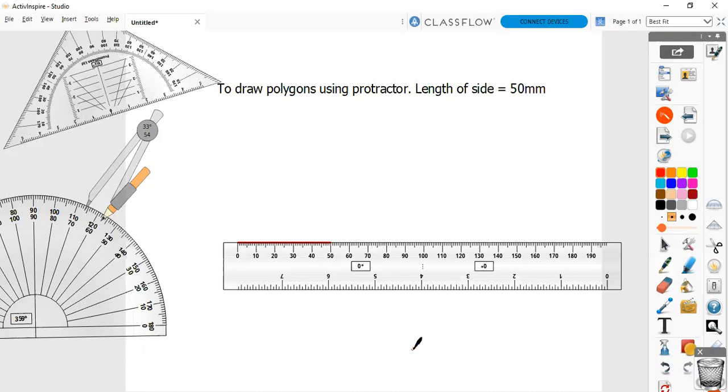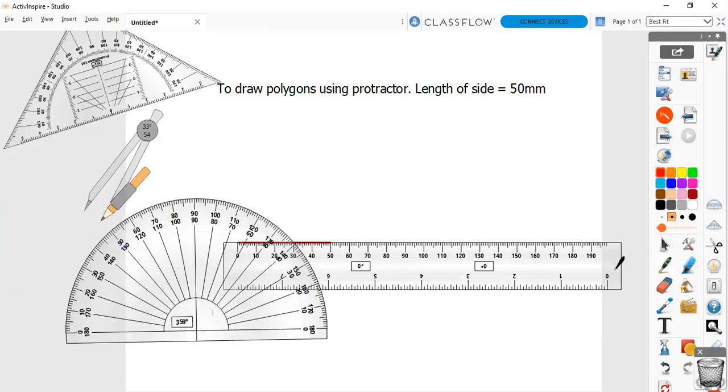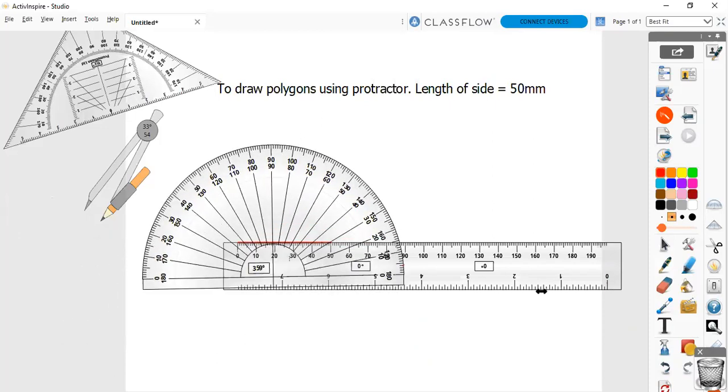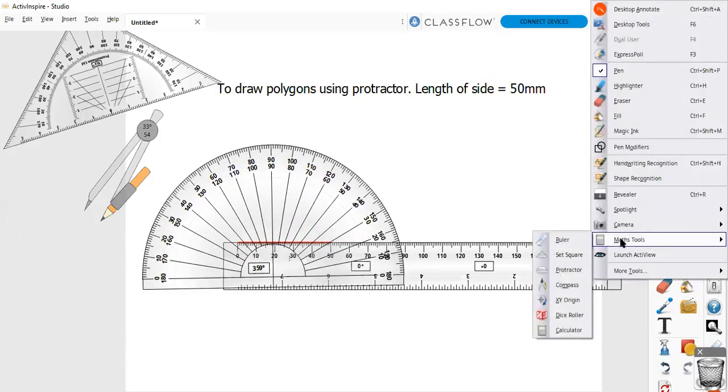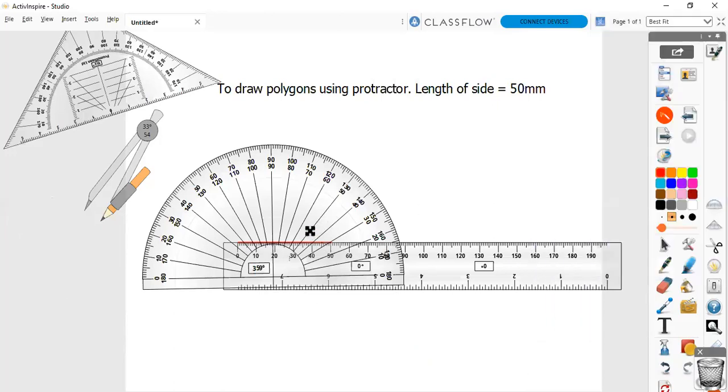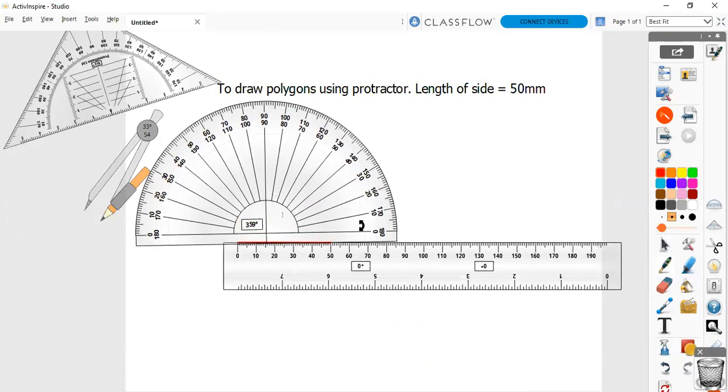First I need 3 sides. So for 3 sides, I will find out the angle first, that I got 60. So I'll use this protector and mark a line where it is 60 degrees.